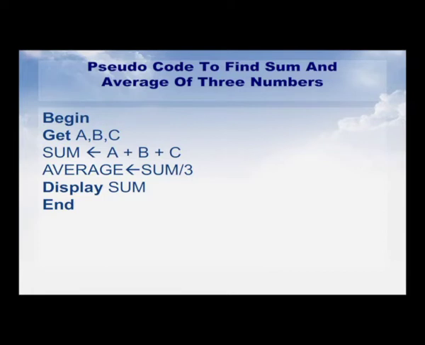The second statement adds the 3 numbers and assigns to sum, and the third statement computes the average by dividing the sum by 3, because we have 3 numbers as input, and the final statement displays the sum. It is not so simple writing pseudocode, is it?